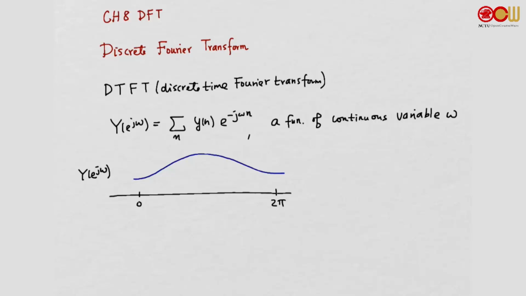Is it possible that the computer can evaluate the discrete time Fourier transform Y(e^jω) for every omega between 0 and 2 pi?